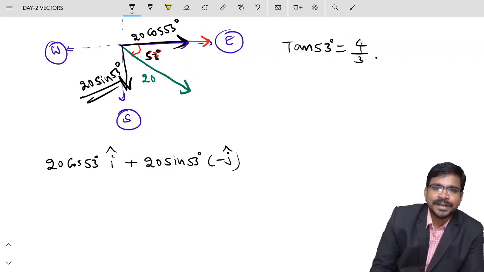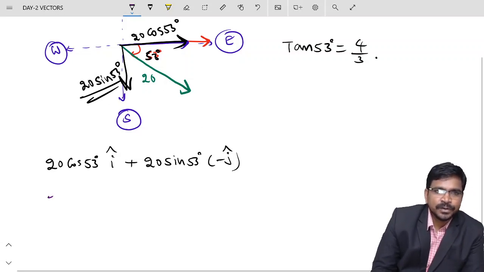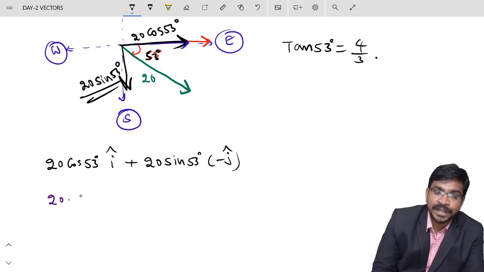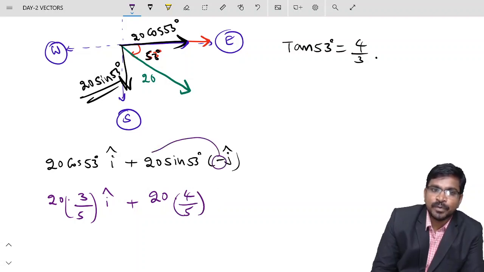So cos 53 can be written as 3 by 5. 20 times 3 by 5 I direction, plus 20 sin 53 is 4 by 5, and here the plus becomes minus, J direction.